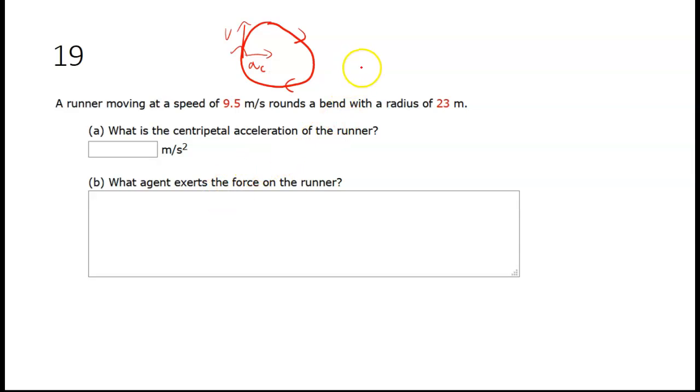And we have the equation, our centripetal acceleration is our speed squared divided by the radius.